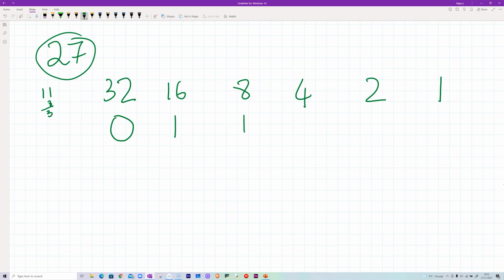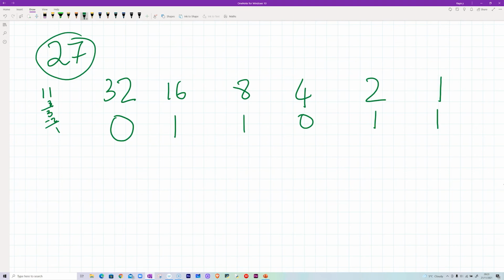How many 4s can you get from 3? 0. And then you still have 3. How many 2s can you get from 3? 1. And now, take away 2, you've got 1 left. So how many 1s can you fit into 1? Well, it's 1. So the answer to that, 27 from decimal to binary, is 0, 1, 1, 0, 1, 1. That is what the computer sees.